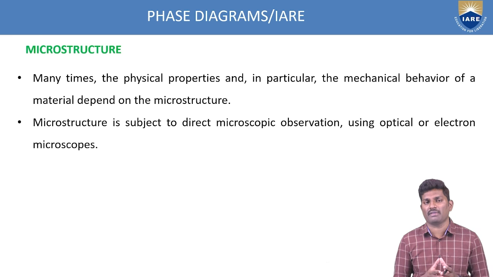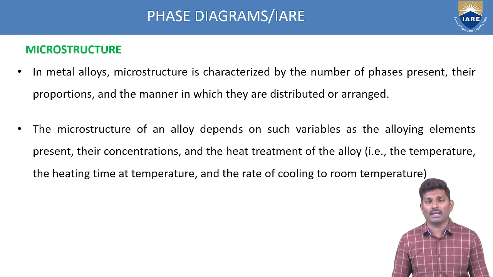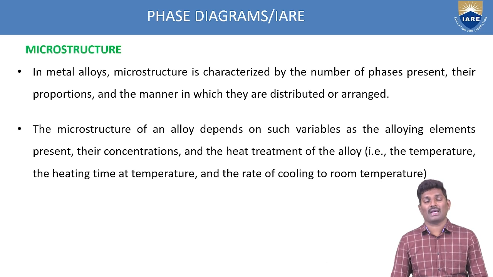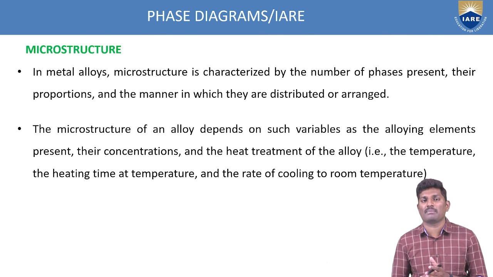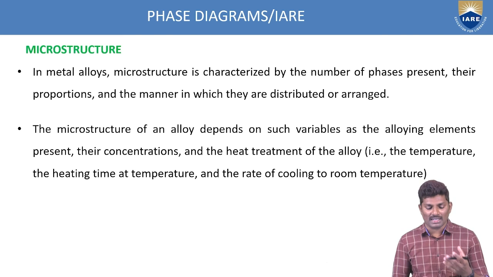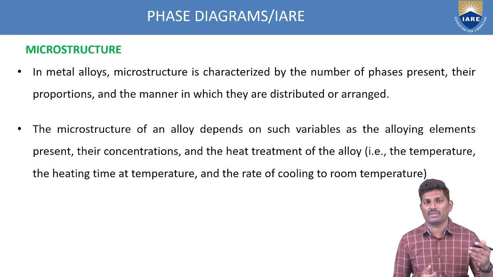All this can be identified with the help of phase diagrams. In metal alloys, microstructures are characterized by the number of phases present. So how many phases are present inside the microstructure can be characterized, whether it has one phase, two phases, or three phases. By seeing the microstructure, it is very easy for us to characterize the metal alloys.